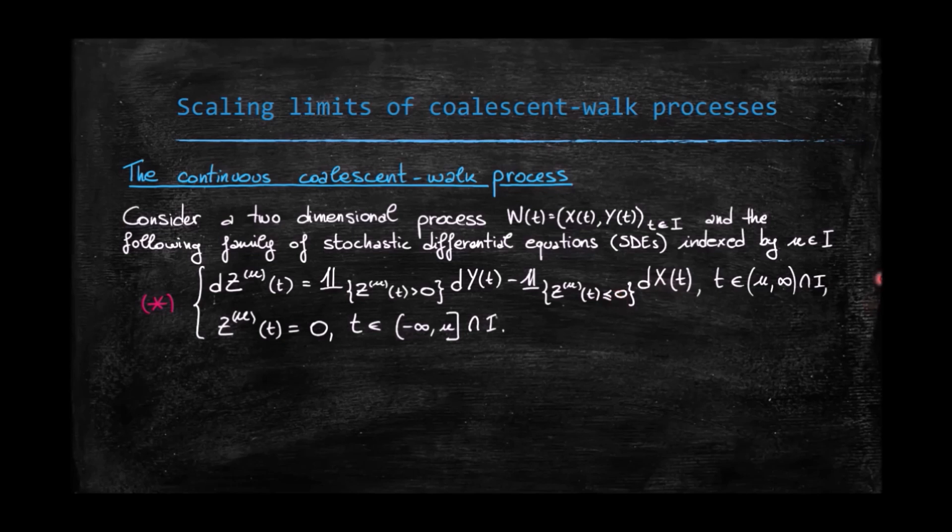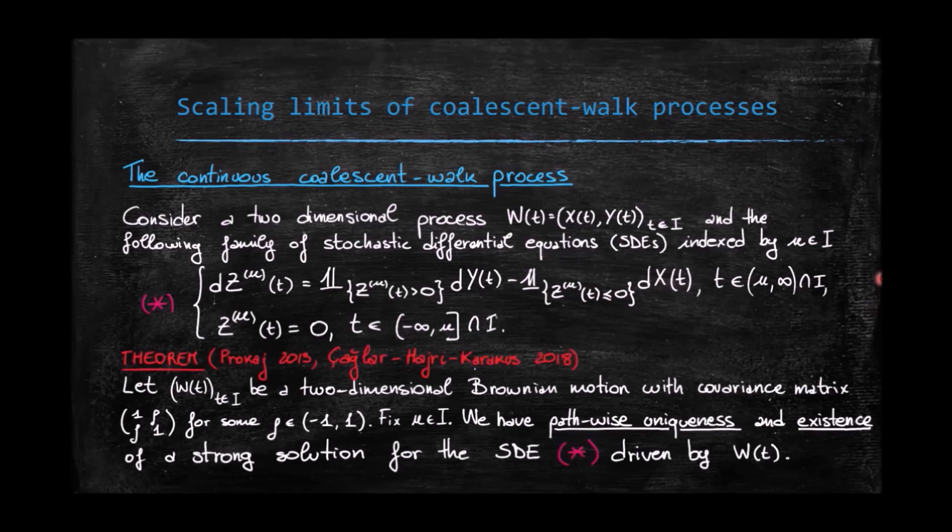This family of stochastic differential equations was already studied in the literature with the following result. If the driving motion Wt is a two-dimensional Brownian motion with correlation rho between -1 and 1, extremes excluded, then this family of stochastic differential equations has pathwise uniqueness and existence of a strong solution.